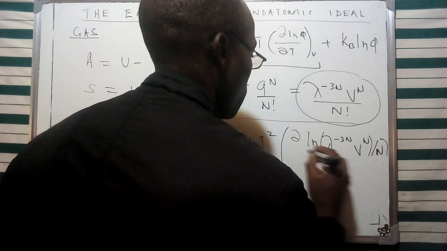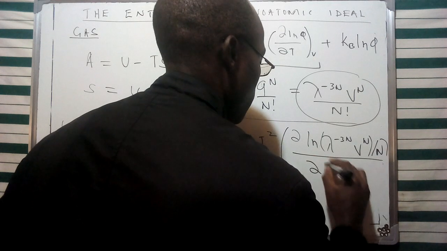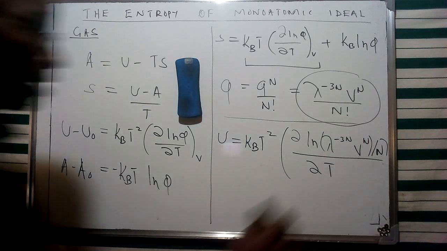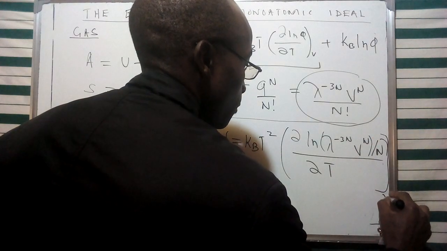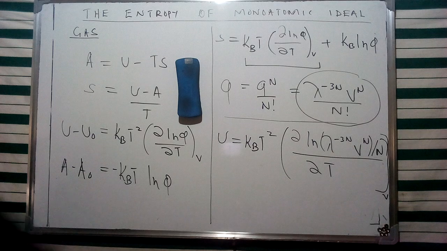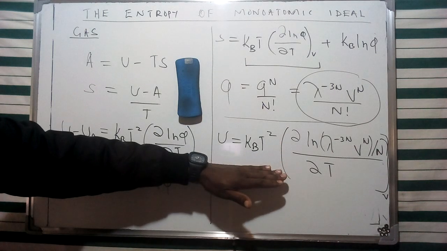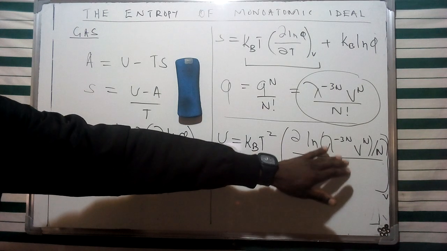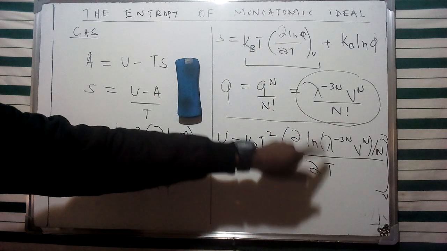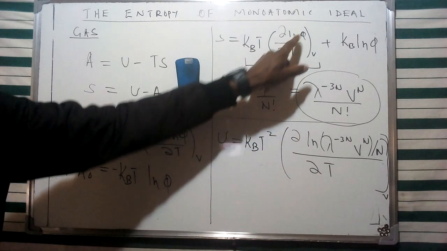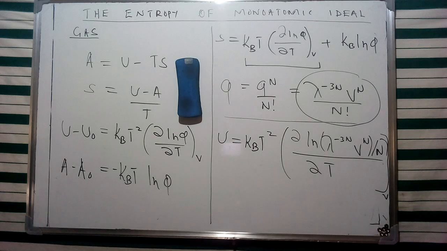And then we're going to have this all over the partial derivative with respect to temperature, under constant volume, as I mentioned. So this consideration for the factors that depend on temperature is going to be considered, and therefore we are going to have this specific substitution in this aspect of the partition function given as such.